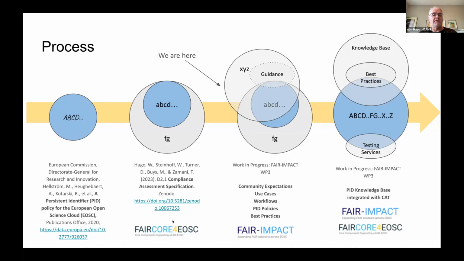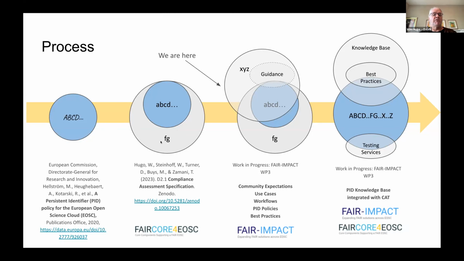And in the FAIR Core for EOSC project, the specification that René has just summarized was an attempt to structure that policy in a way that makes it more measurable, and to reformulate the criteria that are implicit in the policy in such a way that it is clear which of the actors in the ecosystem are responsible for its implementation, and whether it's mandatory or not. So René gave us a good overview of the outputs there.